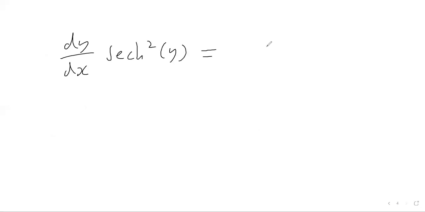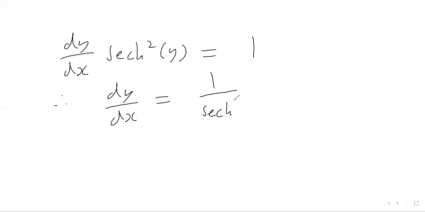Okay, cool. So dy by dx times sech squared of y equals 1. Divide both sides to get dy by dx as the subject, and we get dy by dx equals 1 over sech squared of y.